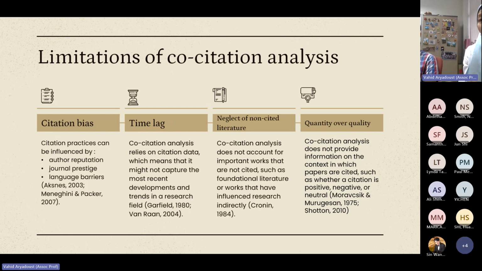Vahid has also mentioned earlier the time lag. You need a critical period in order for citations to pick up and to see whether an idea is really significant to the field. And of course, there is neglect of non-cited literature, like theses and this kind of gray literature.